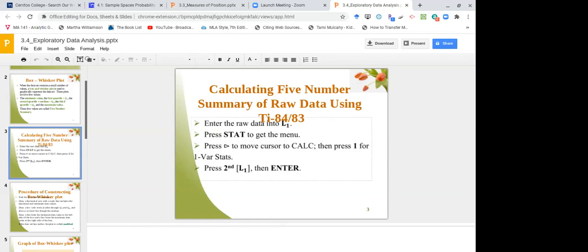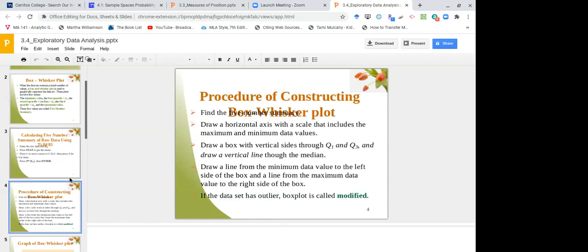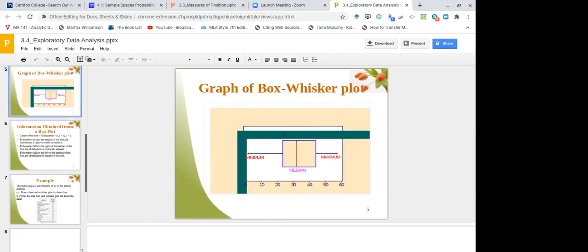Okay? And again, the procedures are here for you in the slides. Be sure to pay attention to that. And she gives you a graph of the box and whisker plot here, and she tells you how to construct it.